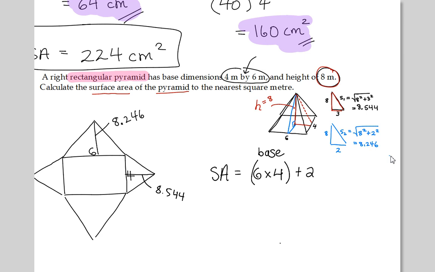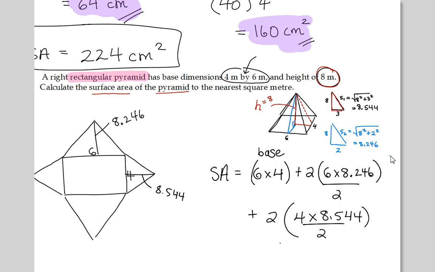So you have 2 triangles that are base times height divided by 2. 6 times 8.246 divided by 2. Plus the other set of 2 triangles that are 4 times 8.544 divided by 2.